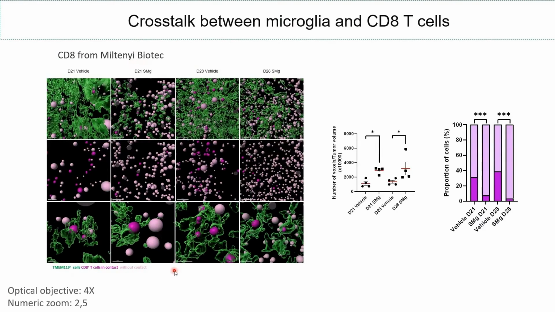And what we could observe is, in addition to the increase here again in CD8 positive cells, which confirms this increase, a decrease in contact between microglia cells and CD8 T cells. So we decrease this contact between these two types of cells, meaning that this TMEM microglia probably have an inhibitory effect on these CD8 T cells.